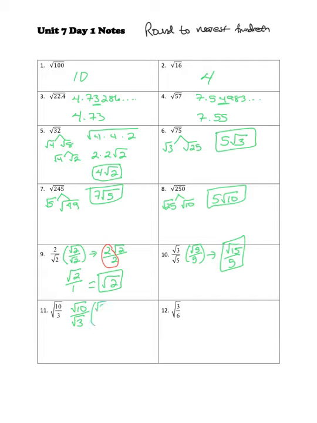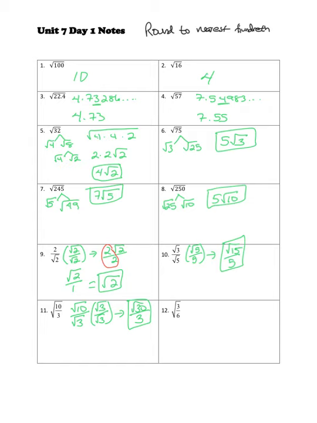Multiply both parts by the square root of 3. Square root of 30 over 3. Are there any perfect squares in 30? There are not. You cannot divide by 4 or 9 or 25, and that's all.